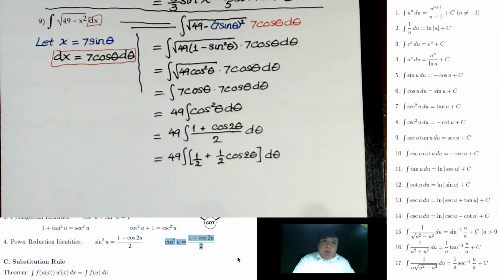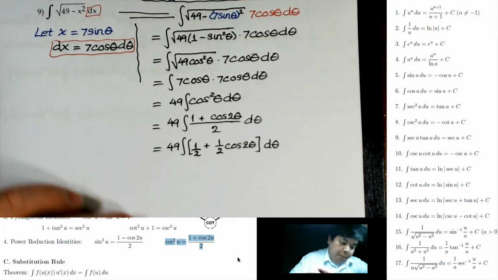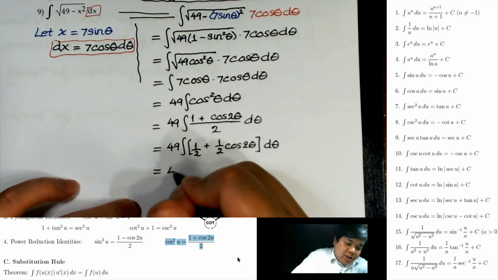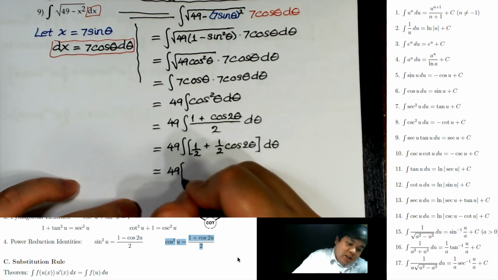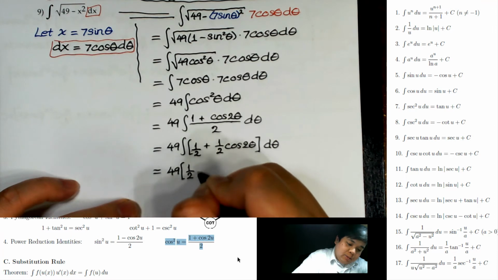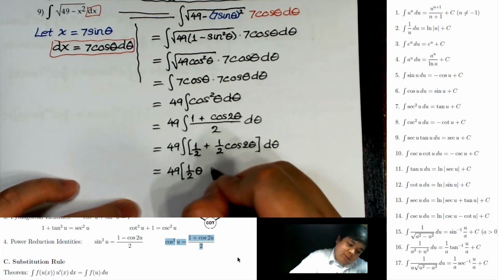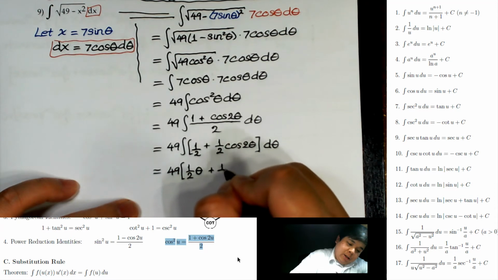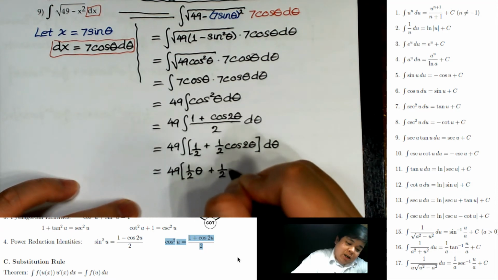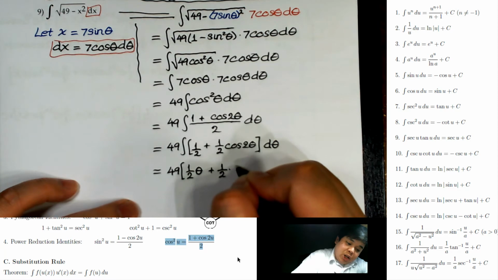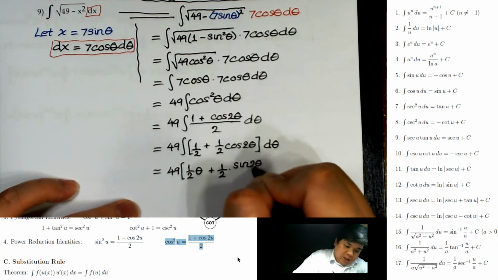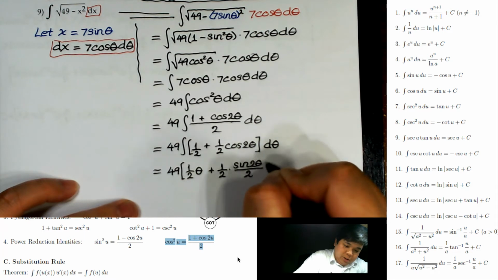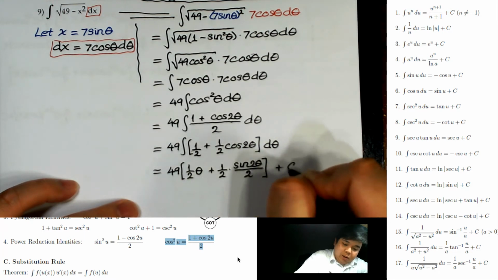There will be a lot more to this. We just integrate this first. 1/2 is the constant, so we just stick theta into it. And the integral of cosine is sine. However, there's a 2, so we have sine of 2 theta divided by 2.